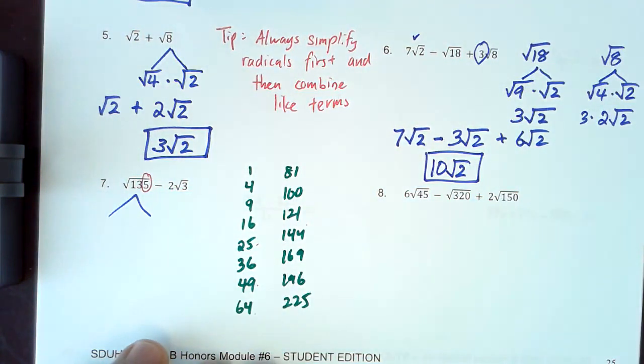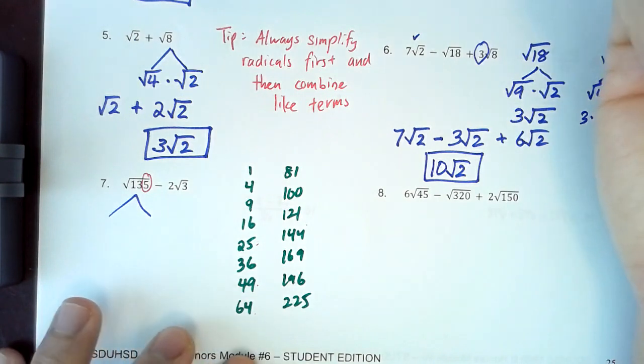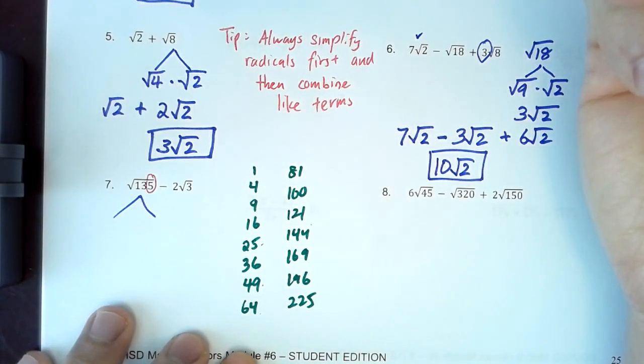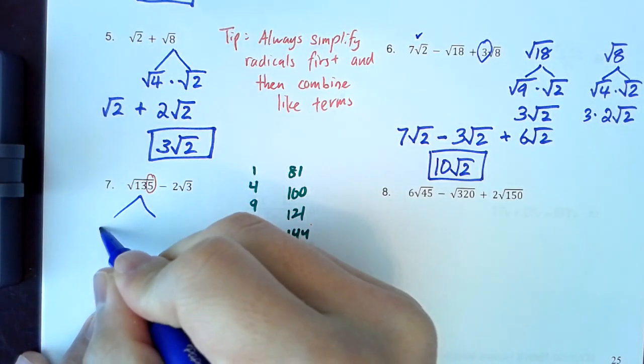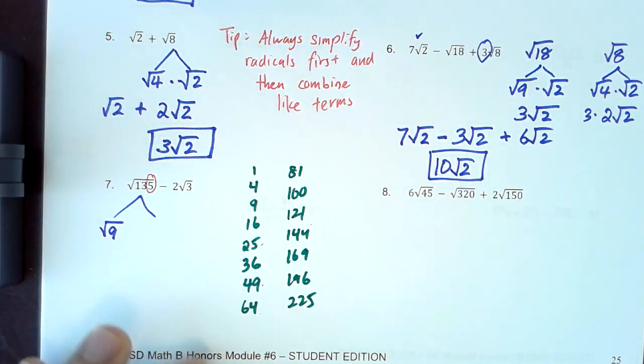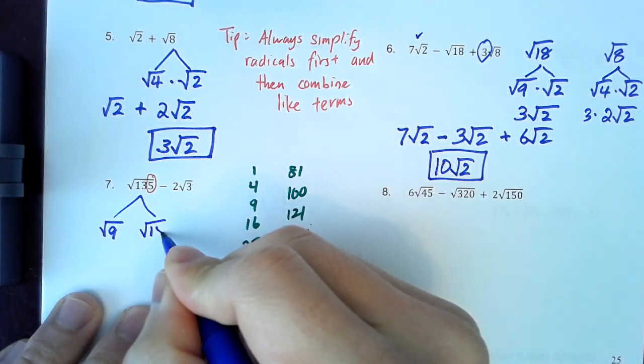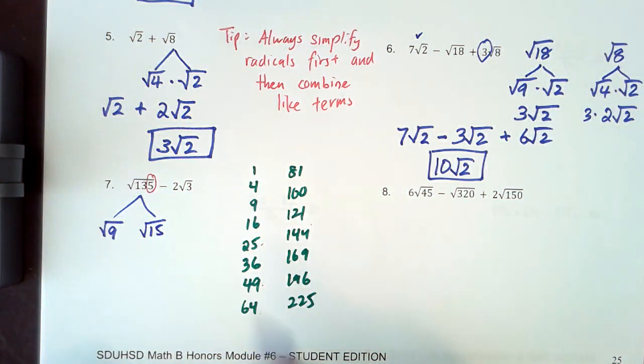What times 9 equals 135? Well, what's 9 times 15? Oh, that's perfectly the value, right? Why did I think of 15? Well, because it ends in a 5, so I have to use either a 5 or a 15. There's really no other option.